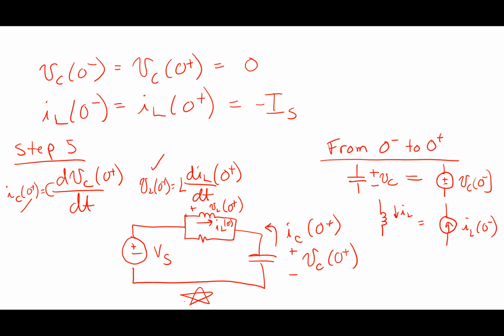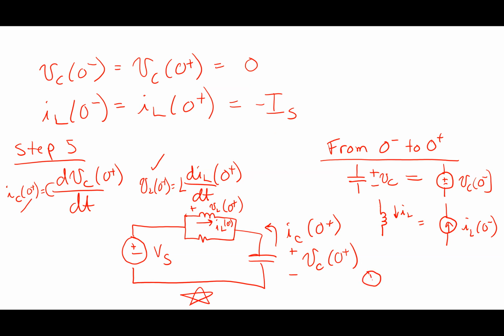What do I do with the inductor? Make it a current source, right? In which direction does that current go? Your directions are opposite of my directions, right? It's going the opposite of the arrow. So, boy, I really want to draw these next to each other.